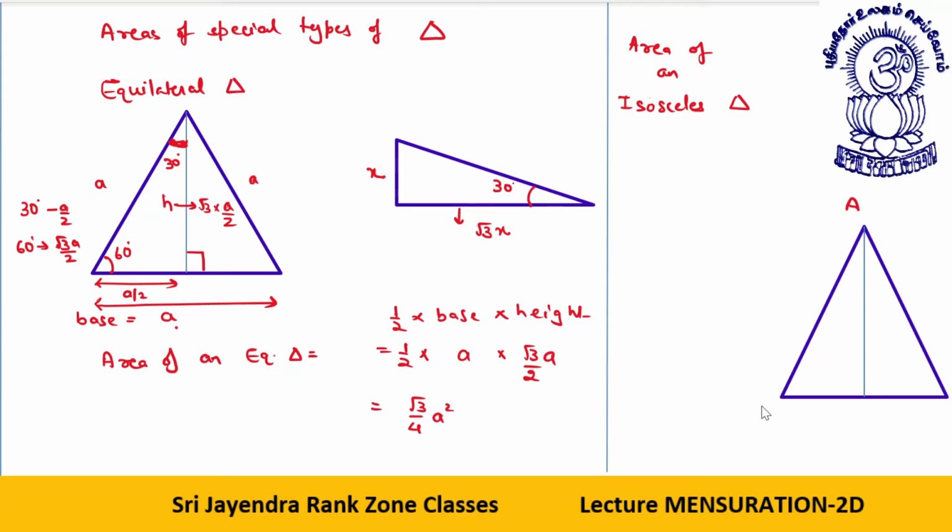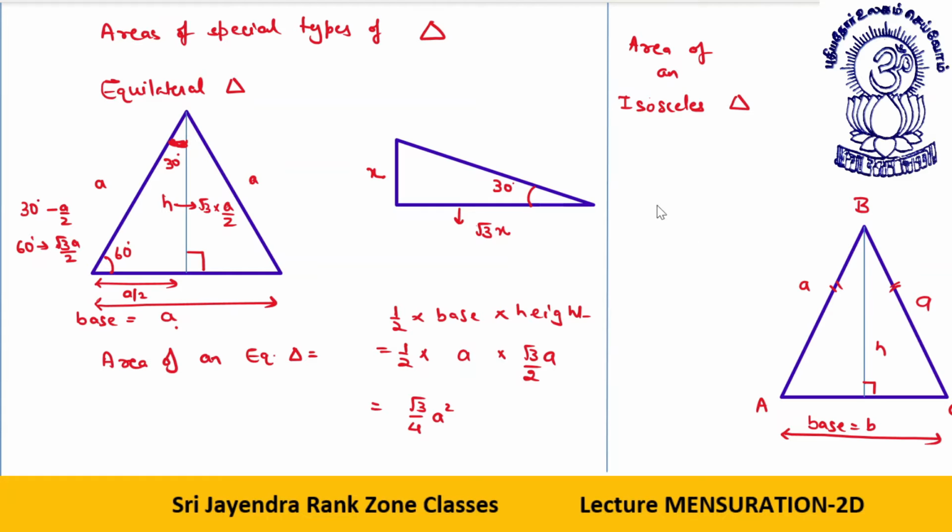This is A, this is B, this is C. This is the altitude H. Let me say this is A, this is B. In front of B is the base B. For an isosceles triangle, we generally label these two sides. The side in front of A is A. Since these two sides are equal, I will say this is also A.